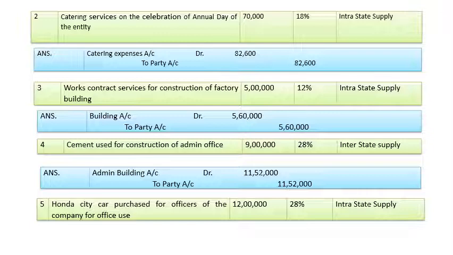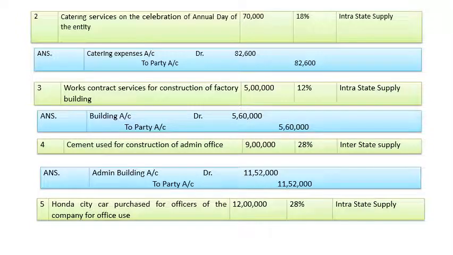So the purpose is office use, but its seating capacity is less than 13 passengers. According to section 17 subsection 5, if any motor vehicle is purchased having seating capacity less than 13 and it is not used for transportation of goods from one place to another, then whatever GST paid on it is totally blocked.